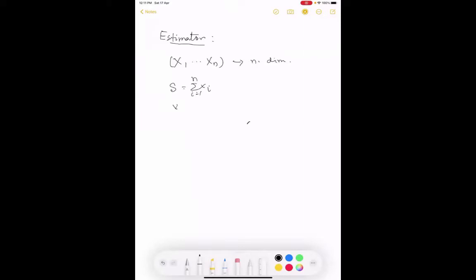And then we have x bar, where x bar is S by n. These are statistics in one dimension. So I'm compressing information from n dimension to one dimension. Remember that.